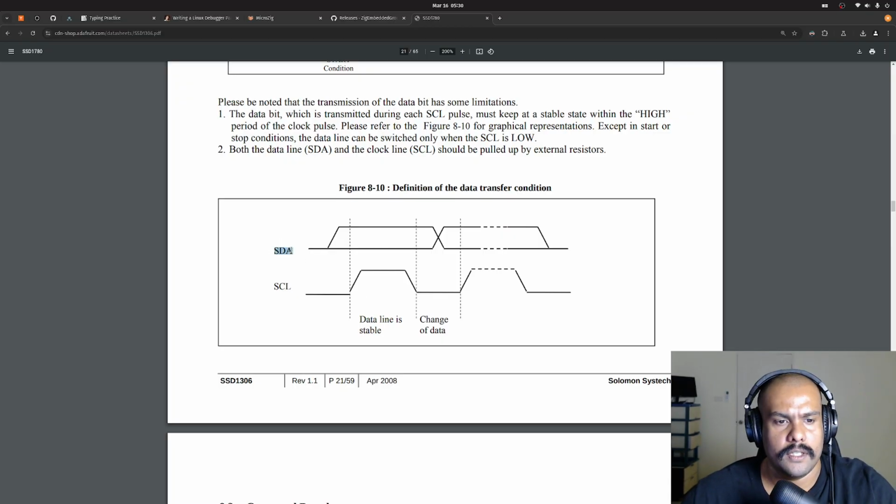The SDA, the SCL. SDA, yeah. Definition of the data transfer condition. So, okay, I need to set both of these pins high while sending data.